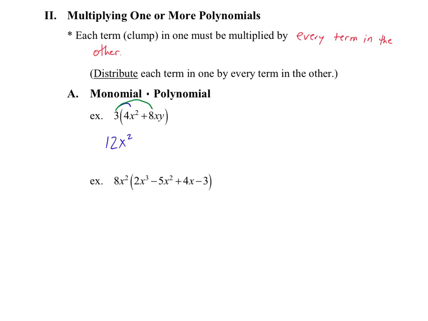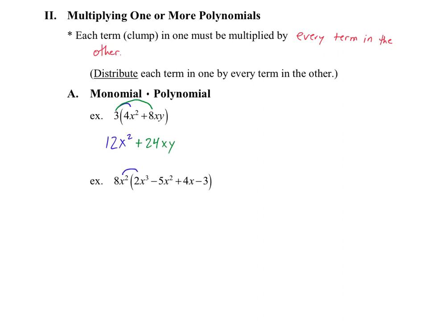So I have a positive 3 times a positive 8, gives me a positive 24. And then I have, you could maybe say a 1 times x times y, but anyways, you just get that there. 12x squared plus 24xy.